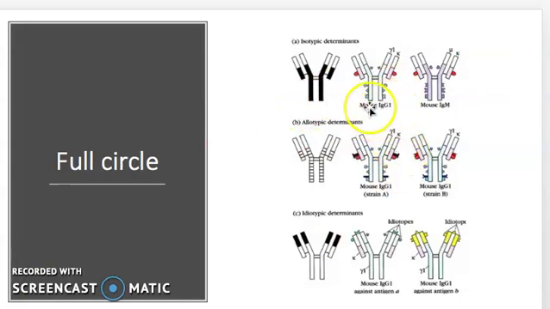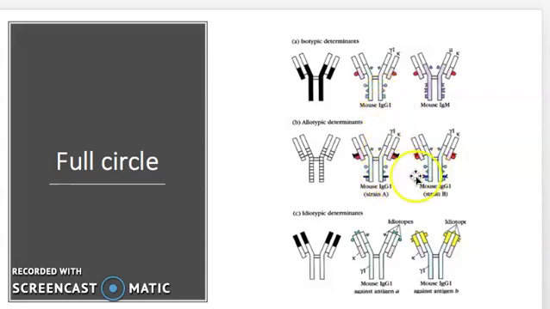A mouse's IgG will differ from a human's IgG in these Fc regions, because the Fc regions do vary between species. For the allotypic difference, we'll see these minor changes right here that are different from the major, if you notice right there.